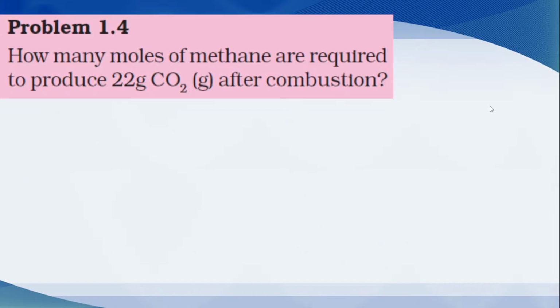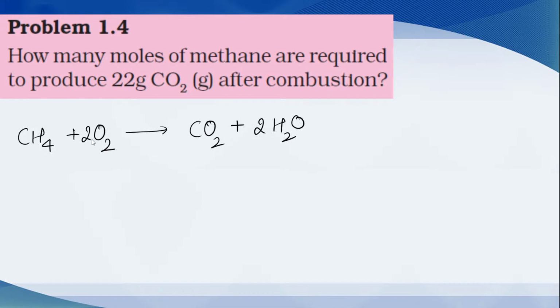How many moles of methane are required to produce 22 gram CO2 after combustion? We have methane. Now when combustion takes place, it gives 1 mole of carbon dioxide and 2 moles of water. This is the balanced equation: methane gas, O2 gas, CO2 gas, H2O.